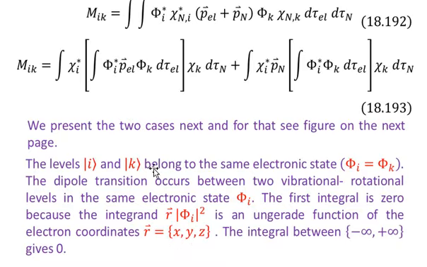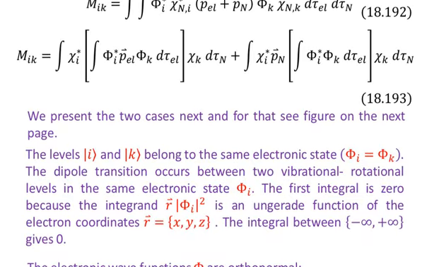Since we are performing the integral from minus infinity to plus infinity, and the integrand is an odd function, the integral will be equal to 0. So under the same electronic state, the first integral will vanish.